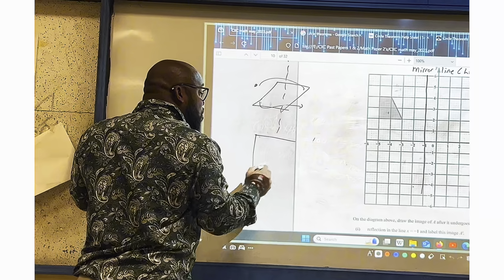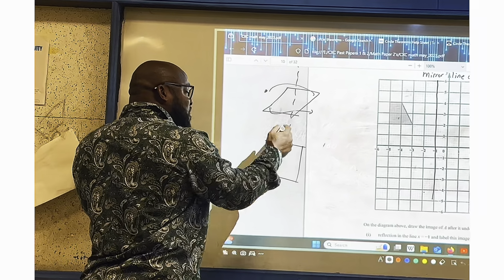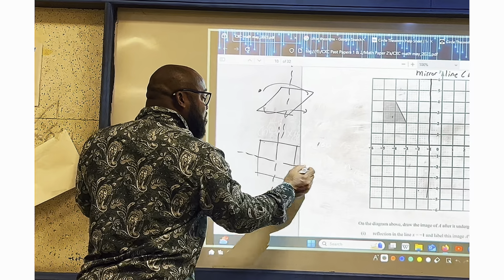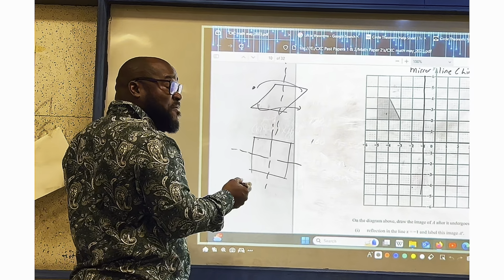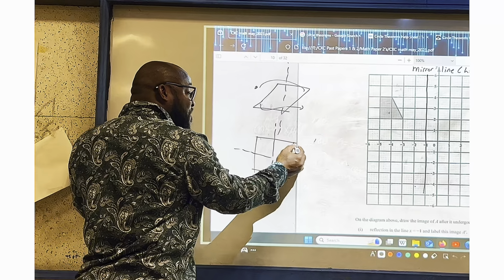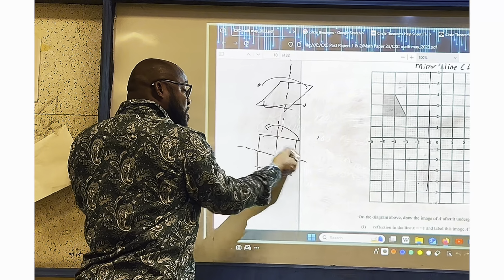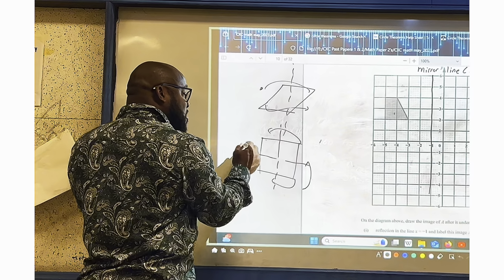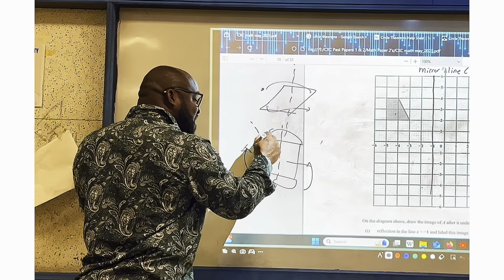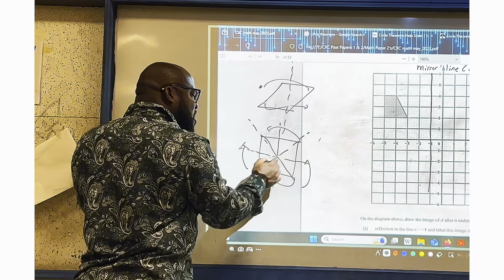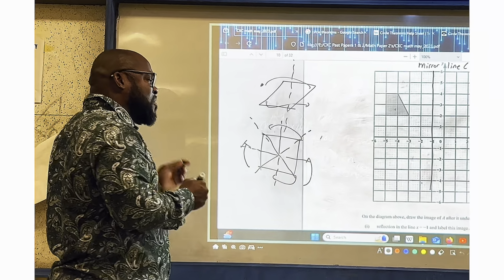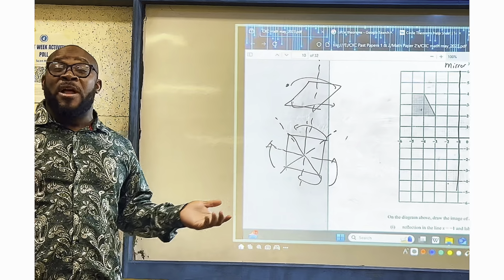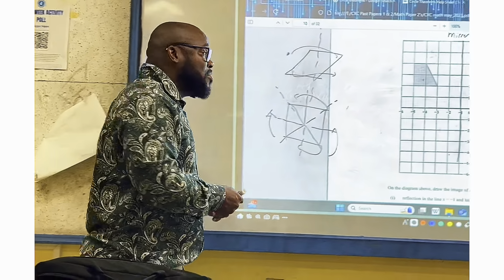But this square has two lines of symmetry, like a handkerchief. I can fold this way, I can fold it upward. And if it's a perfect square, I think you can fold diagonally as well. So there will be 3 lines of symmetry. You understand? Some shapes have more than 1 line of symmetry, some don't.